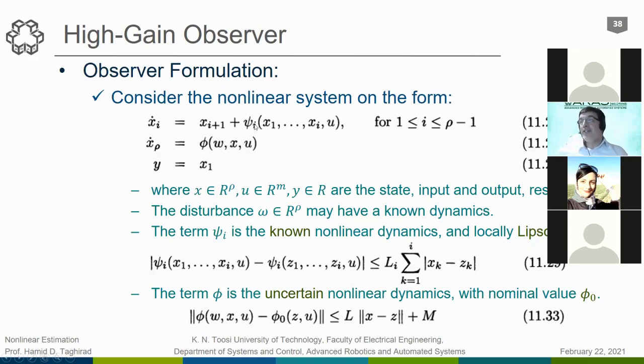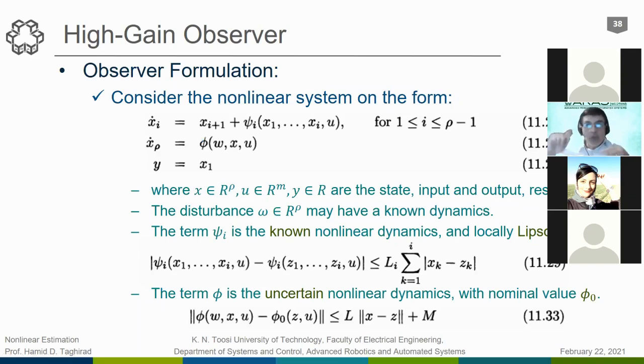We consider that the psi terms are all Lipschitz. We don't have only one Lipschitz condition here. We might have many Lipschitz conditions with the same conservativeness, as Sumaya and Shukufa contributed to the class. But these are the known part of the system. We don't have uncertainties here. We have the uncertainty in the phi term, and this phi term is coming only in the last dynamic equation.